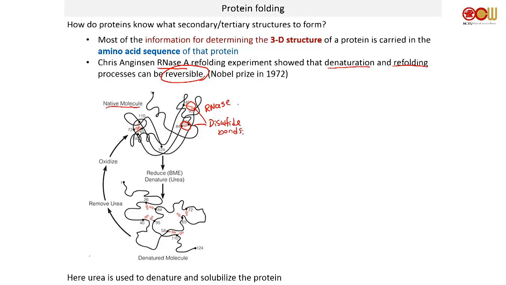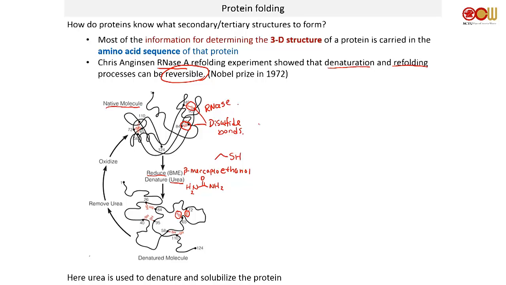So to denature this protein, the first thing is I'm going to reduce away the disulfide bonds using beta-mercaptoethanol. And then I'm going to use urea, like we just talked about. Beta-mercaptoethanol can reduce the disulfide bonds, so we're essentially turning them into SH.